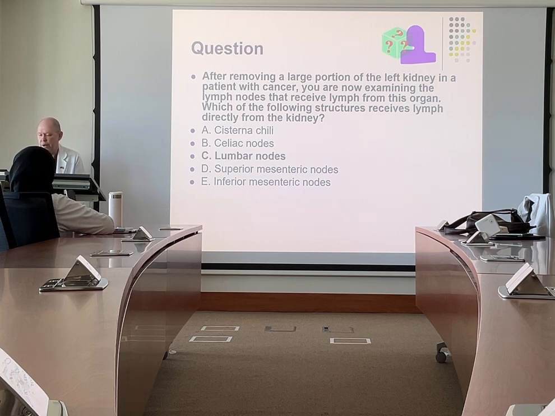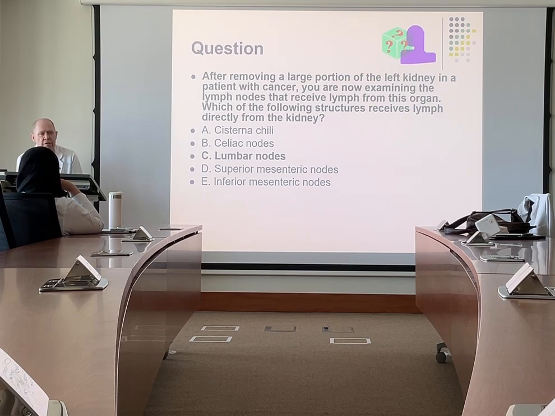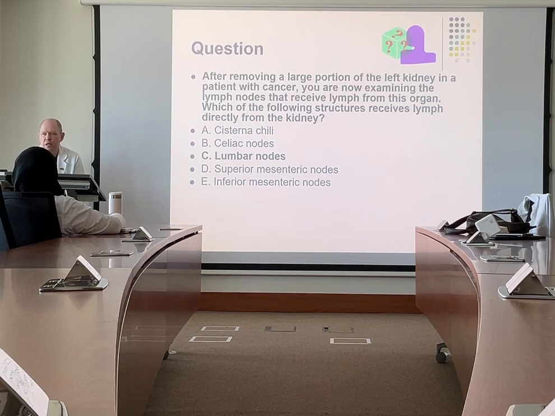The lumbar lymphatic nodes, but be careful, they do have another name, which you also have to know. What is the name? Para-aortic. So, para-aortic lymphatic nodes or lumbar lymphatic nodes would be the correct answer for the lymphatic drainage from the kidney, and potentially could be a target of metastasis in case of cancer of the kidney.